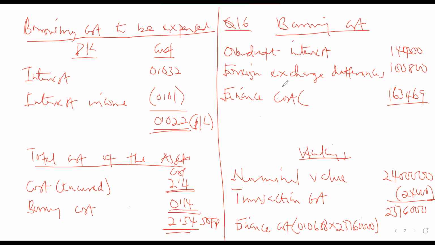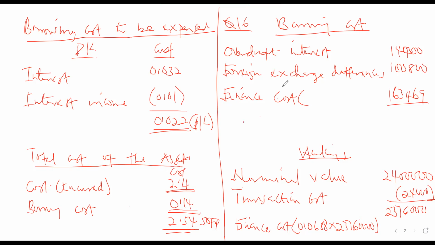Yes, please. How do you know when to subtract the 24,000 from the 2.4 million or when to ignore? When you are given the effective interest rate, then without the effective interest rate, this is how we are going to account for this transaction.